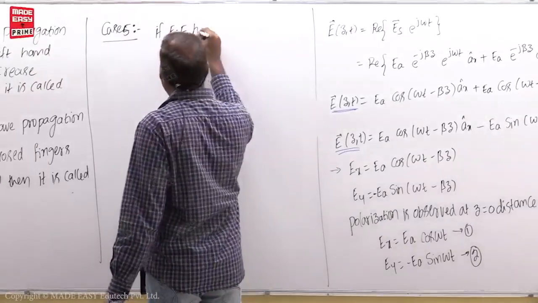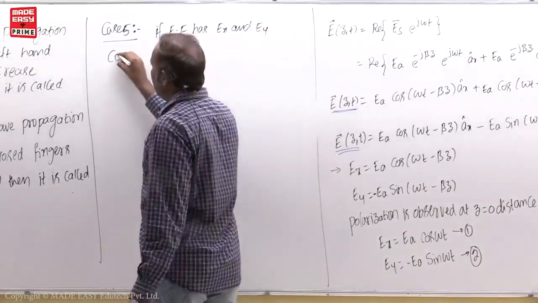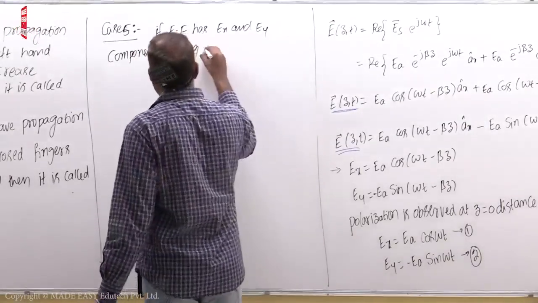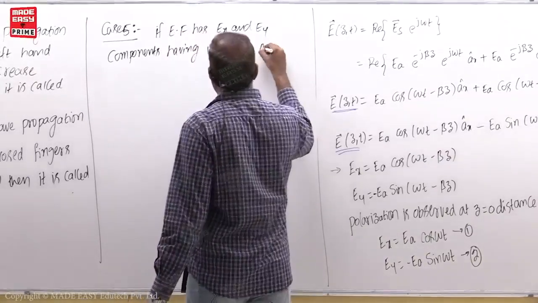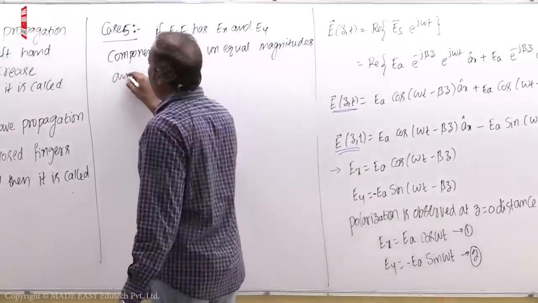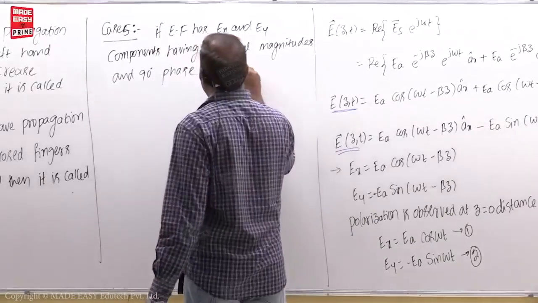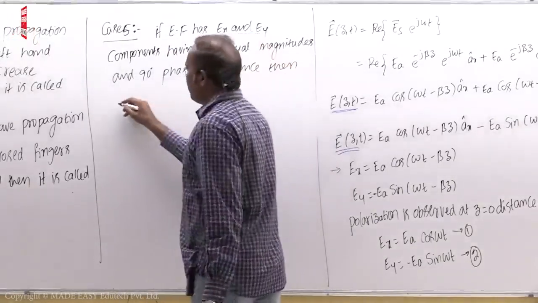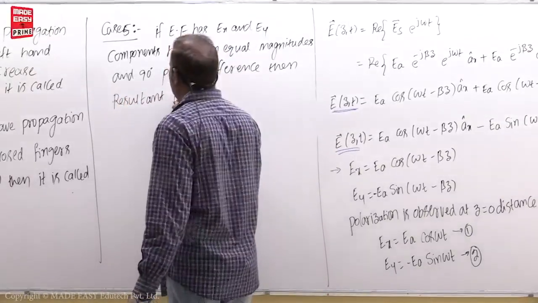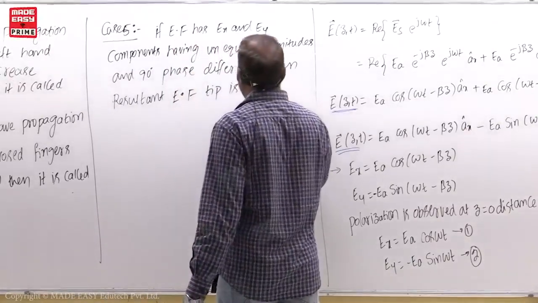If the electric field has Ex and Ey components having unequal magnitudes and a 90 degrees phase difference, then the resultant electric field tip is an ellipse.